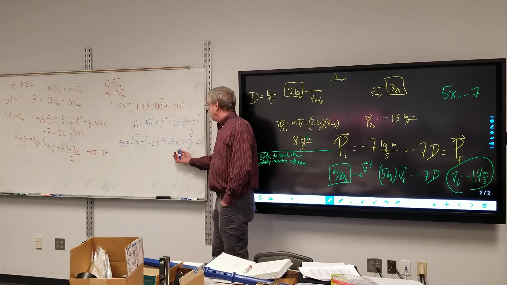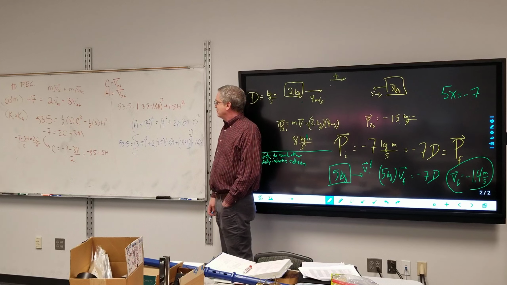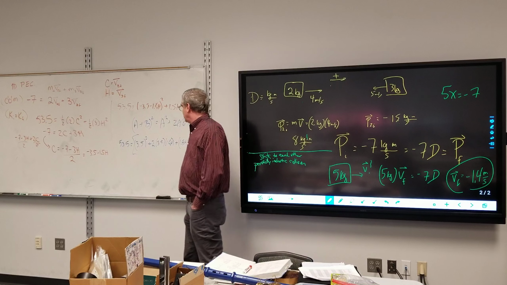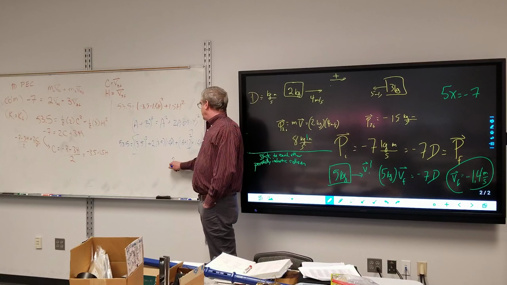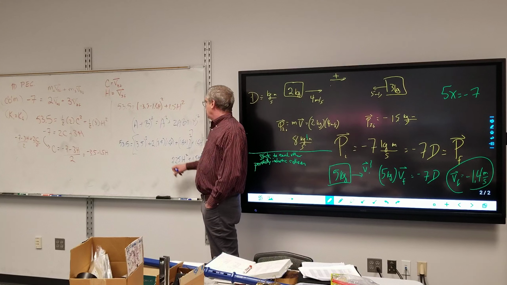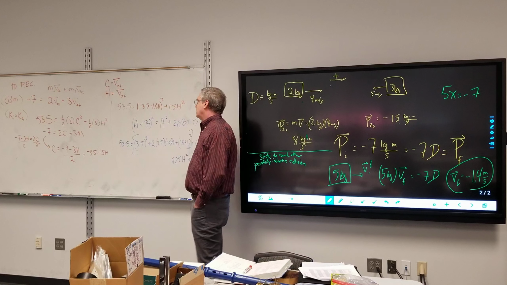Cancel out. And then I'll have a negative here, which also gets squared. So you'll end up with this. And, well, that's 2.25 H squared plus 1.5 H squared. 7 times 1.5.